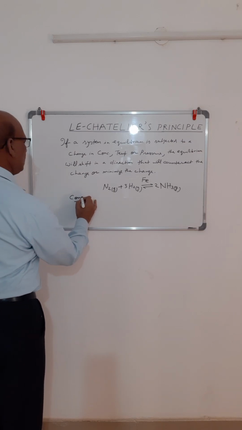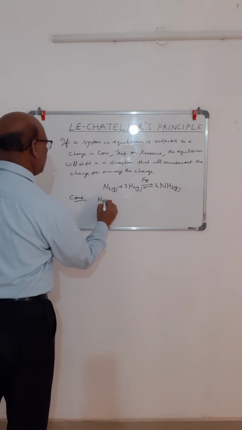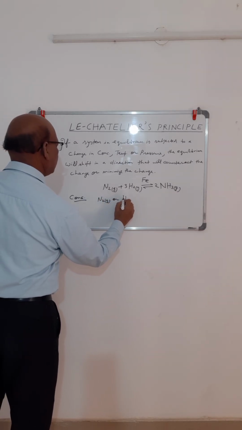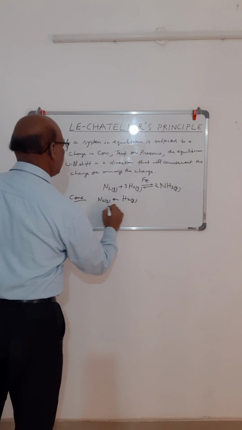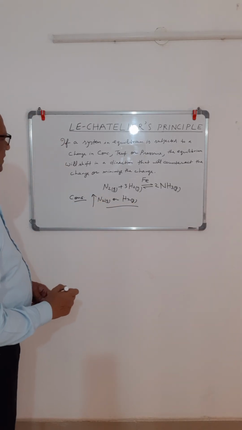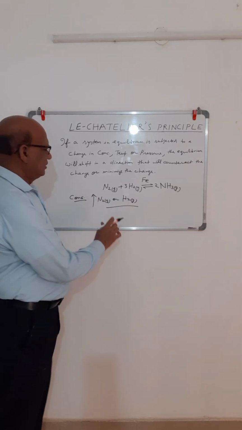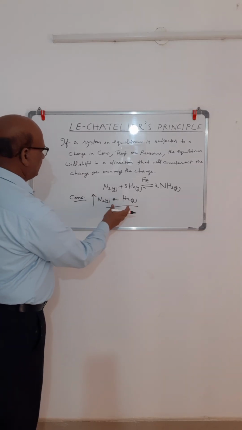Okay, so if I increase the concentration of say nitrogen gas or hydrogen gas, because both are the reactants, then as per the principle this equilibrium will shift in the direction that will reduce the concentration.